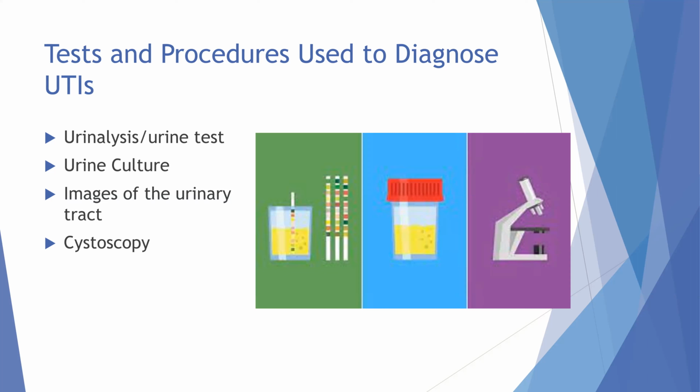Jen mentioned earlier that UTIs may sometimes be caused by a structural problem in the urinary tract. The ultrasound, CT scan or MRI can help look for these issues.